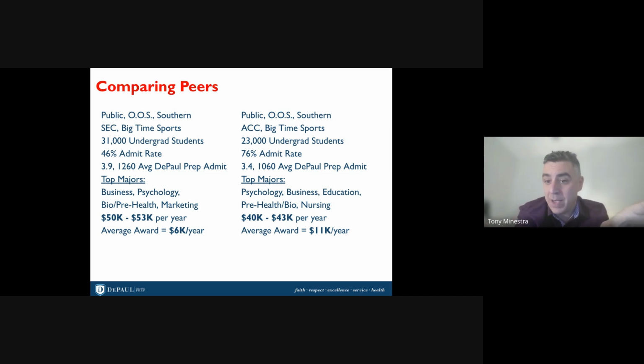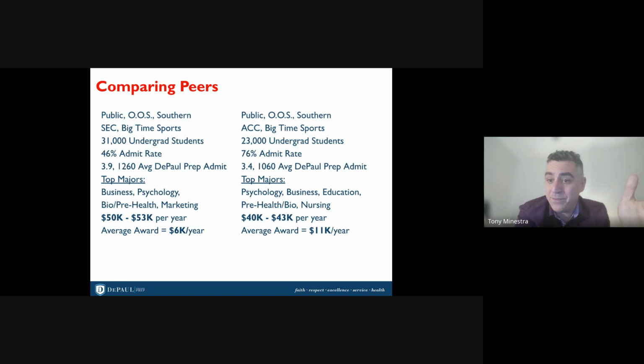Very similar in the majors, right? So the school on the left, much harder to get into, more expensive, lower average award, okay? The school on the right, again, very similar university, in terms of outcomes, experience, cultural approach, all of it. Lower on the cost and higher on the discount. So at the school on the right, you're paying an average of $30K a year.